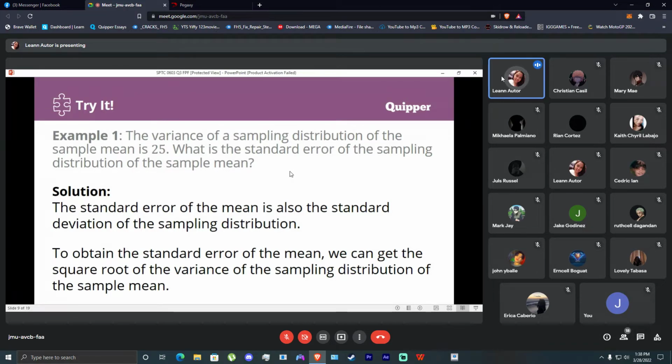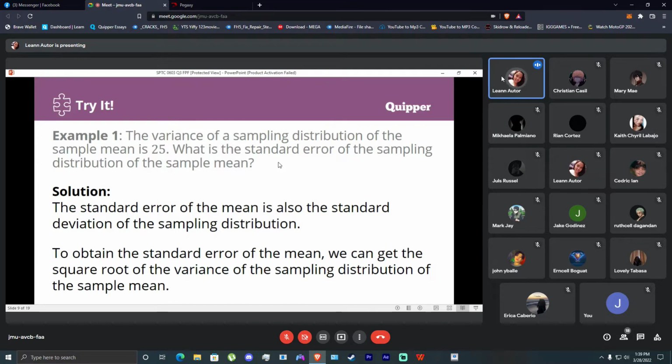So we can get the standard error by getting the square root of the variance of a sampling distribution. Since the given variance is equal to 25, to get the standard error of the sampling distribution of the sample mean, we take the square root.